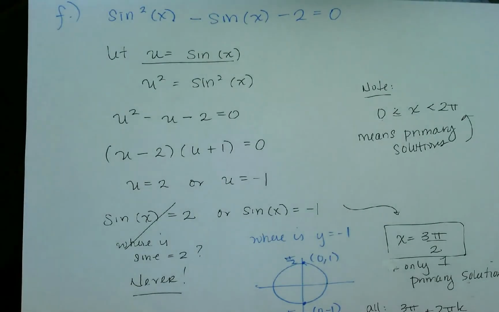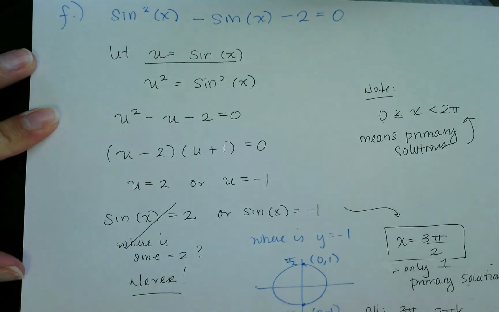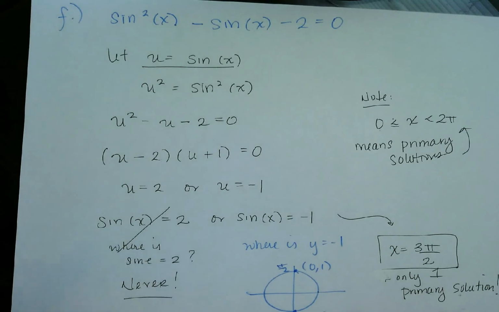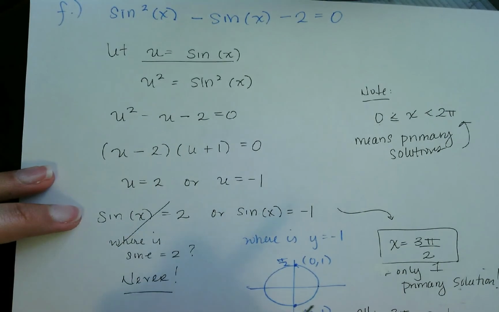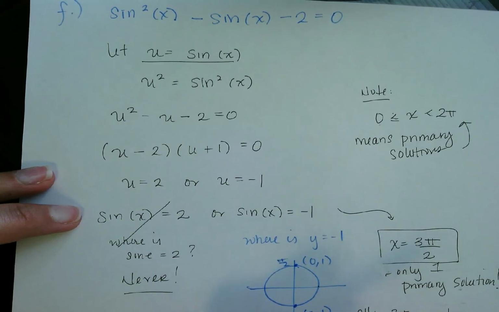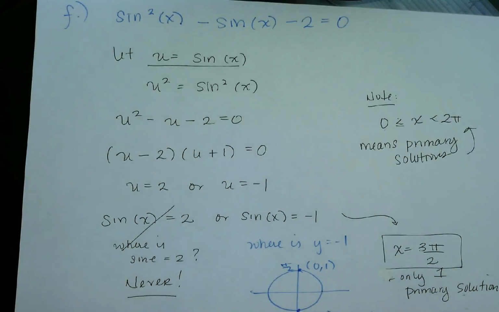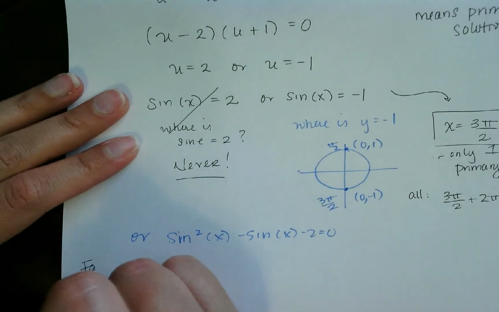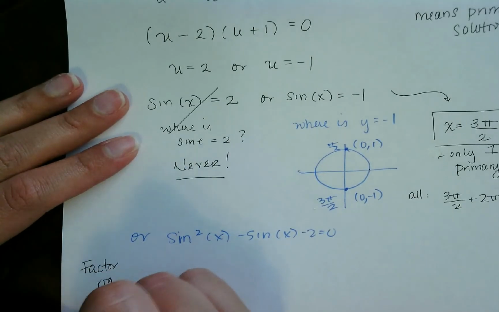Let me just show you real quickly. You could just factor right away, if you're comfortable with it, if you see it, that's fine. You don't have to use u sub if you don't want to. That would be sine of x.